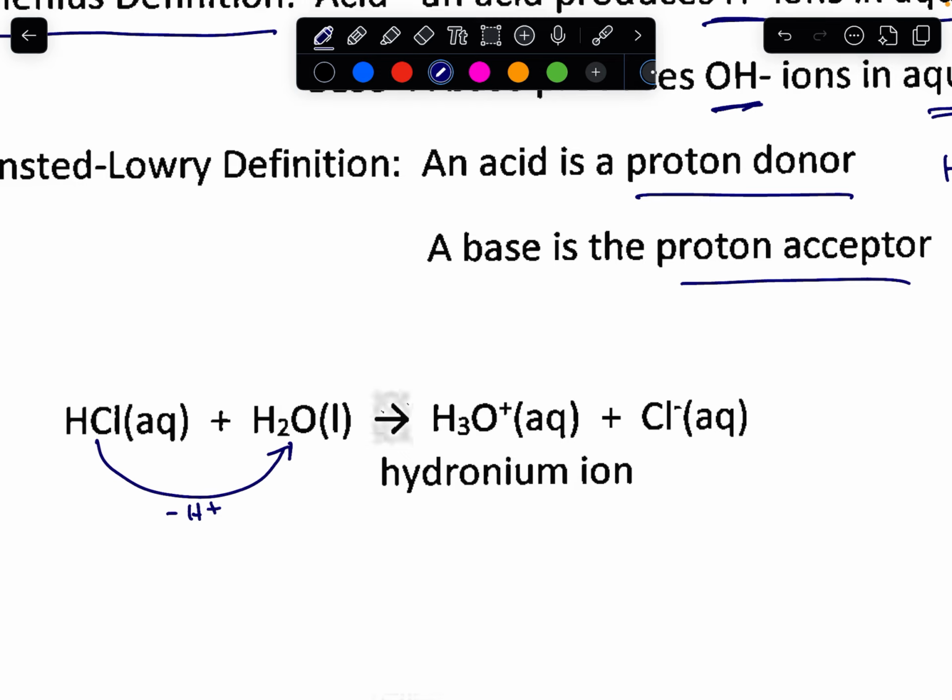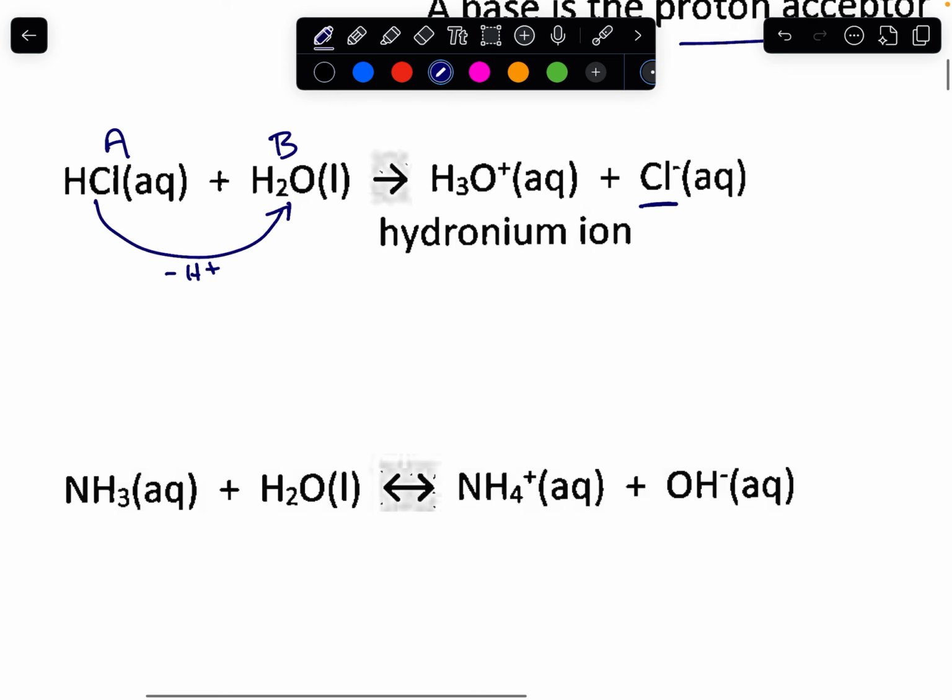So the H2O is gaining H plus, it's accepting. That means H2O is my base. And HCl is losing that H plus, leaving behind Cl minus. Since it's losing, that's my acid. If I have an acid, I have to have a base.